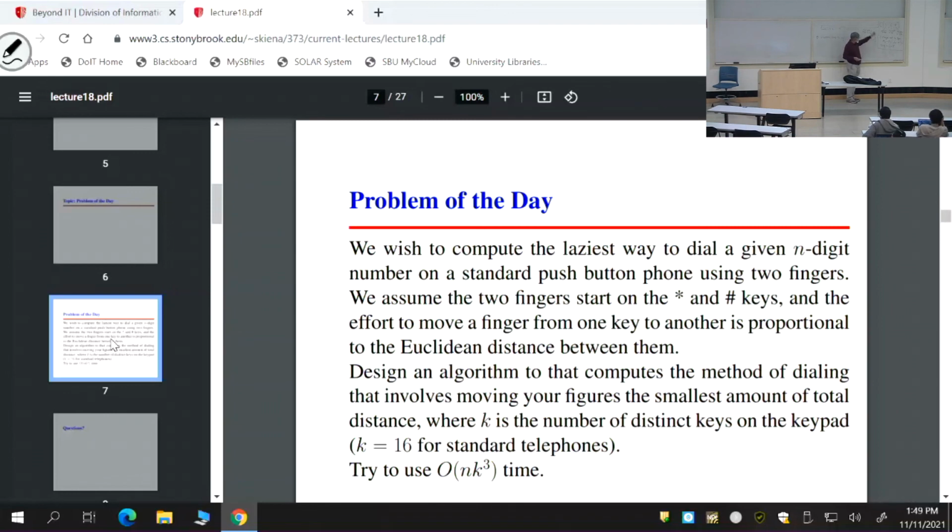This is going to tell me the cheapest way to end up after every prefix and every possible set of finger positions. Does everybody agree with that?